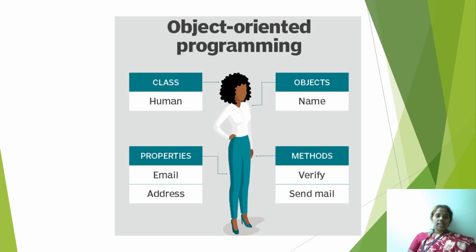Each class contains properties and methods. The properties of the human class are email and address. The methods of the class are verify and send mail. We have created an object for the human class, so through the object we can access the class properties and methods.